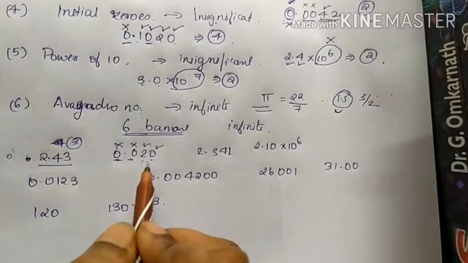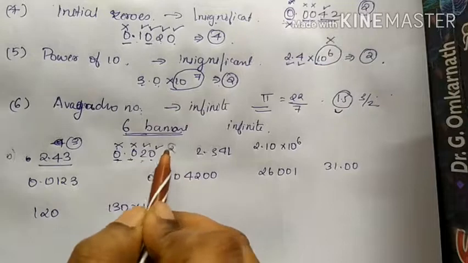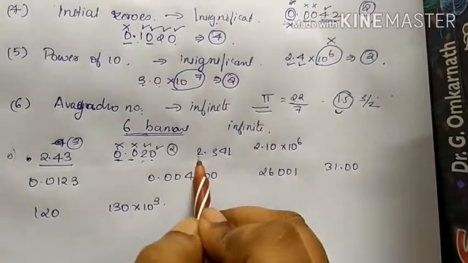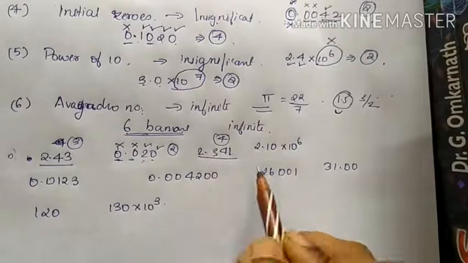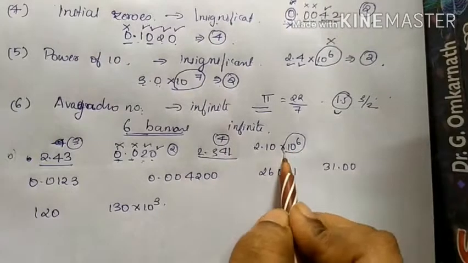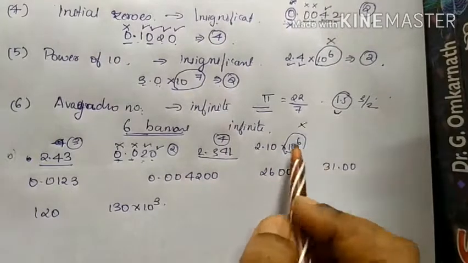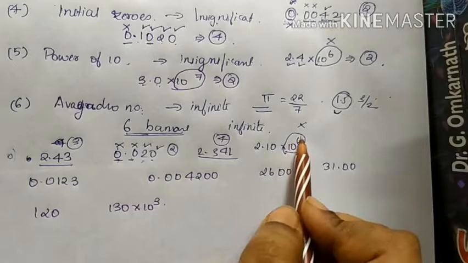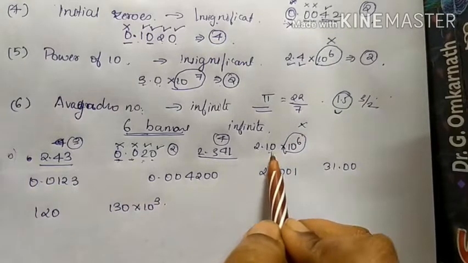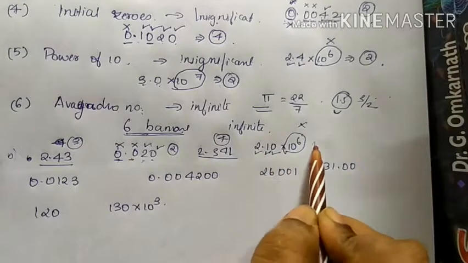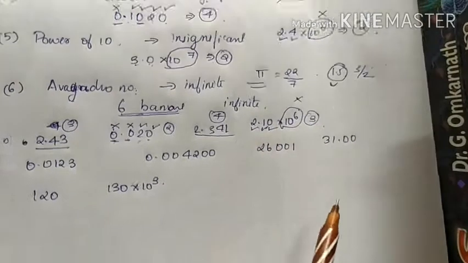So how many significant figures does this number have? 2. Next, 2.341 has non-zero digits, so 4 significant figures. Here the 10 to the power number is not considered as significant figures. This 0 is a trailing 0 or ending 0 after the decimal, so it is significant. 3 significant figures for this question.